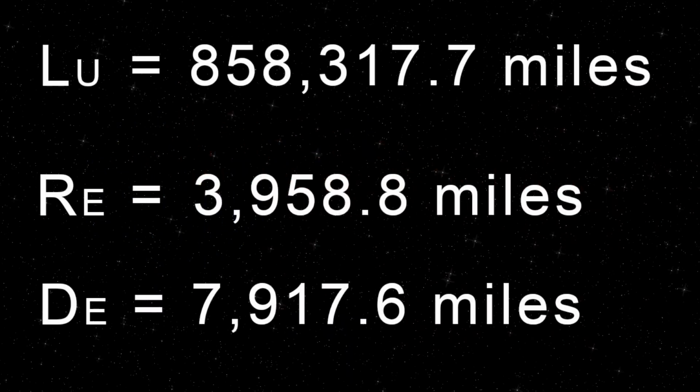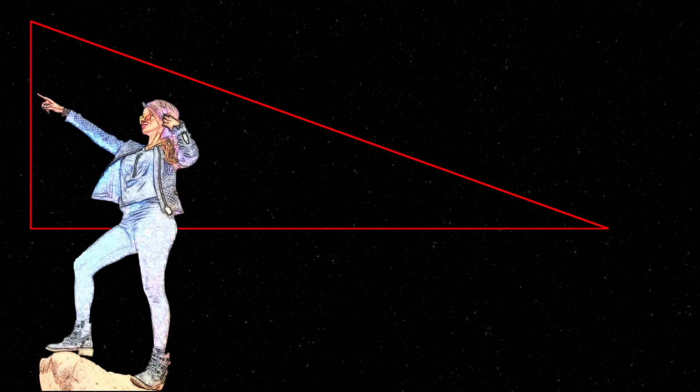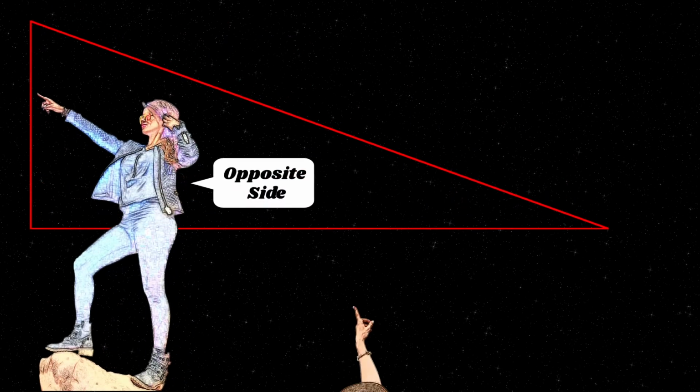Here are the values we established in my Calculating Earth's Umbra Length video for L sub U and R sub E, and it is an easy calculation to also establish D sub E by multiplying R sub E by 2, and that gives us the diameter of the Earth, which is 7,917.6 miles.